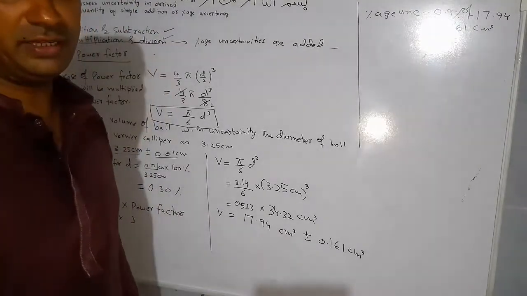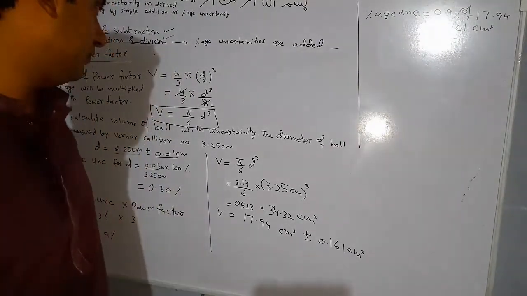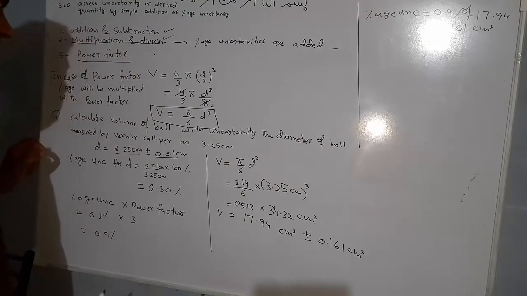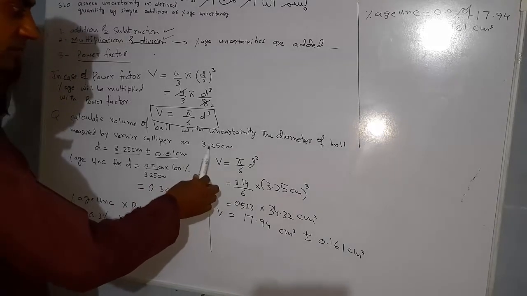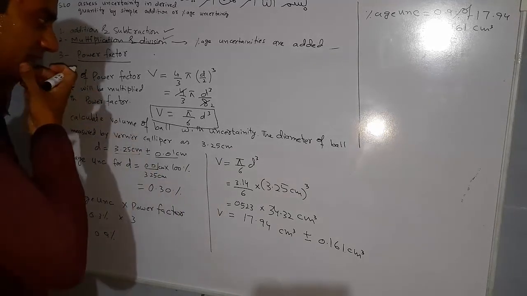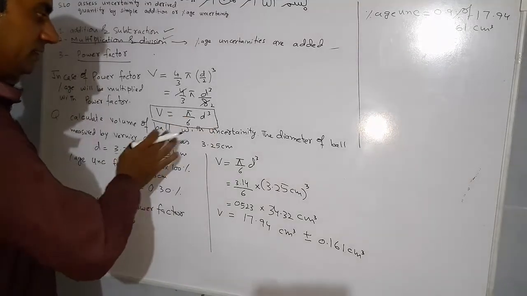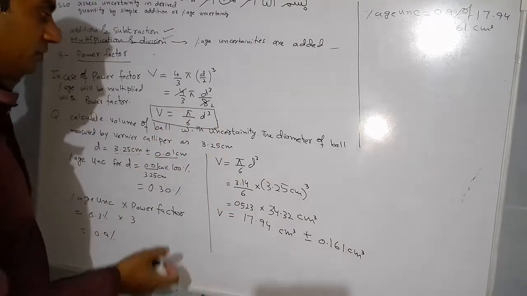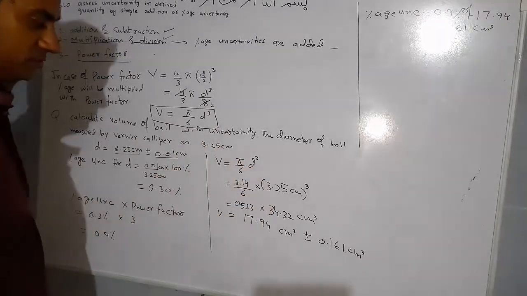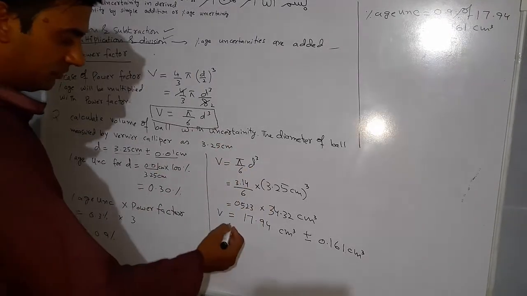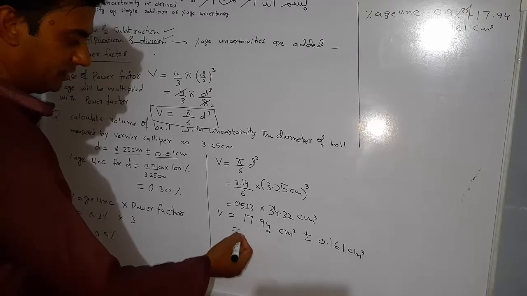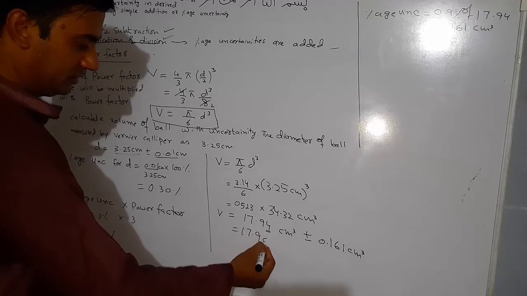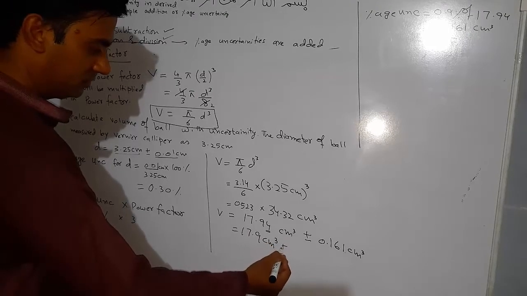The question arises, what will be the final answer with the appropriate significant figures? The given data has three significant figures, 3.25, and we have only one given quantity. So we convert the final answer into three significant figures. 17.944, the 4 is less than 5, so we simply drop it, and 17.9 centimeter cube will be the final answer.